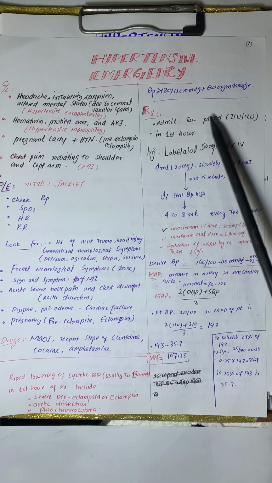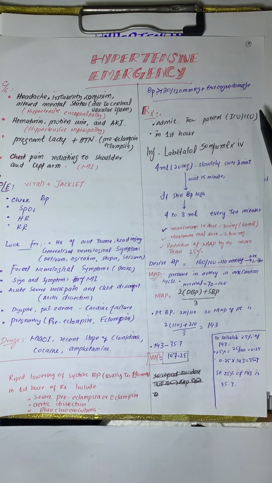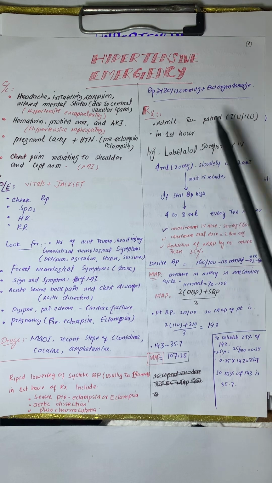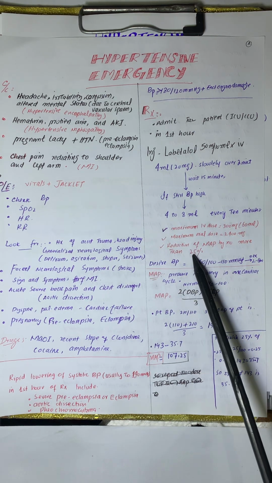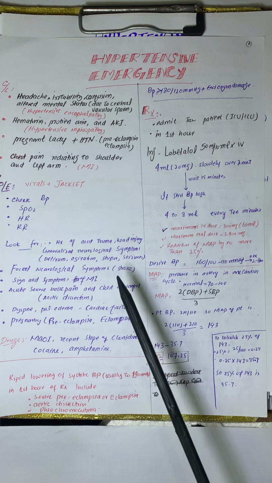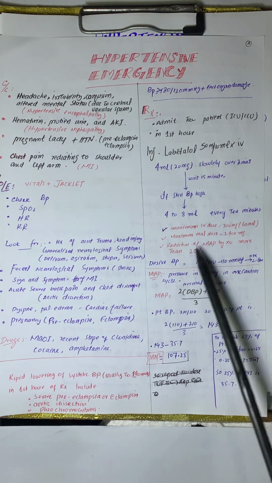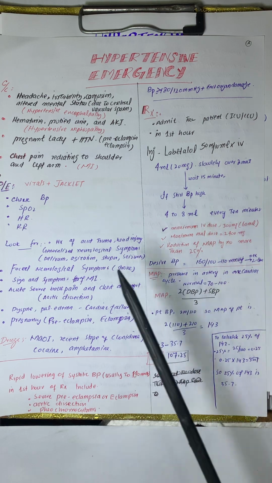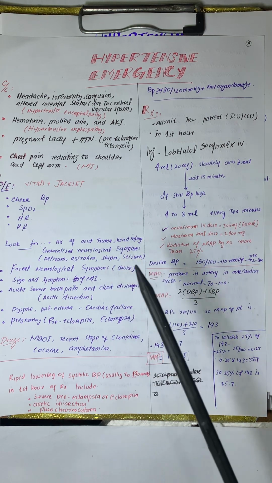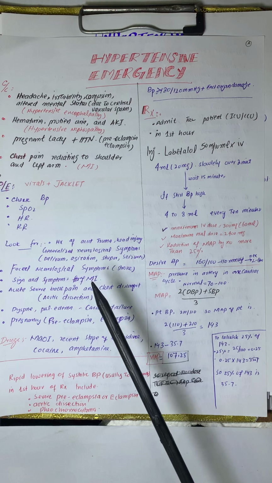You admit the patient in ICU, CCU. In the first hour, you reduce the mean arterial pressure by up to 25%, not more than 25%. If you reduce blood pressure more than 25%, you face serious complications due to decreased perfusion.